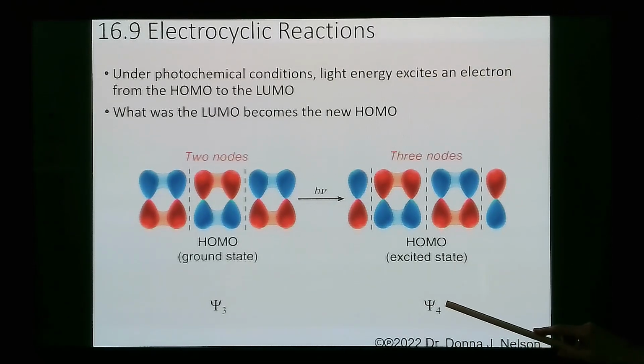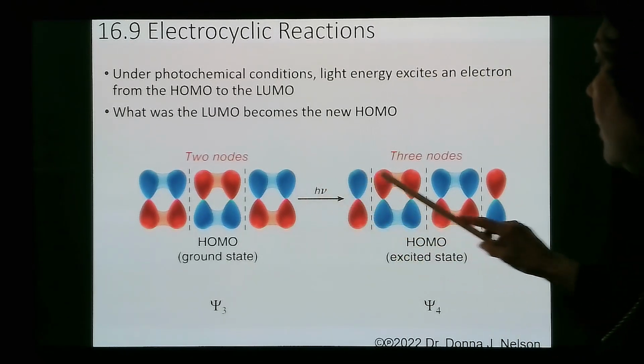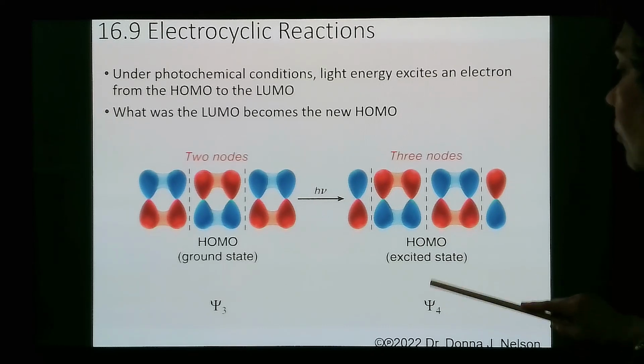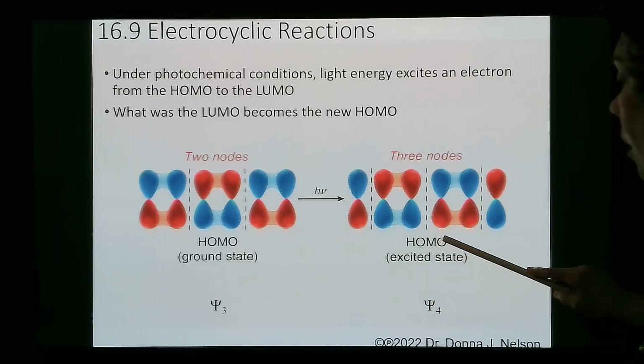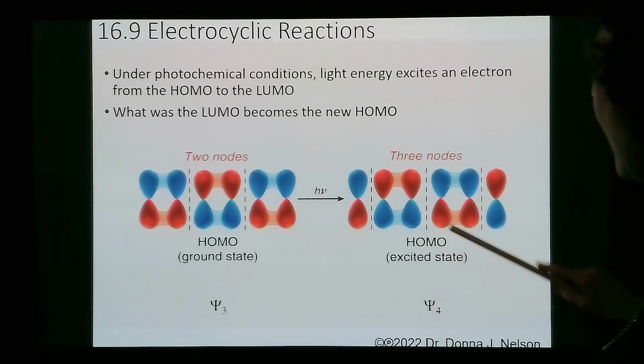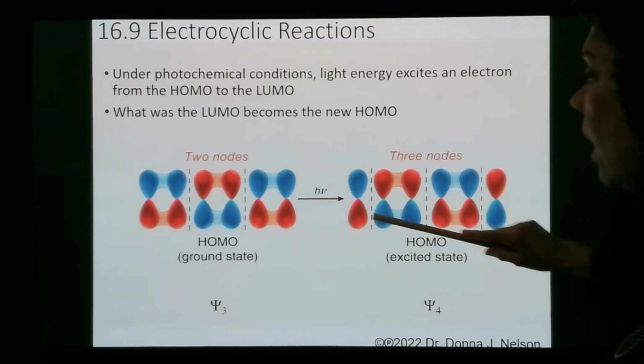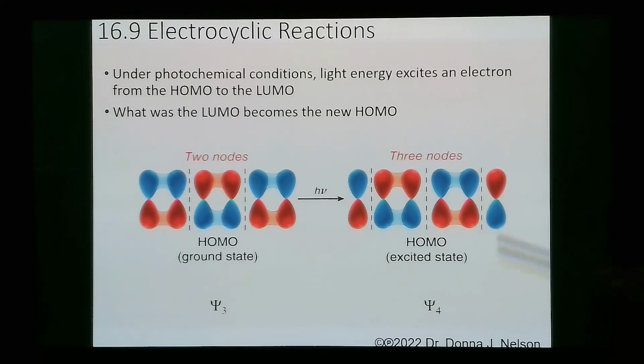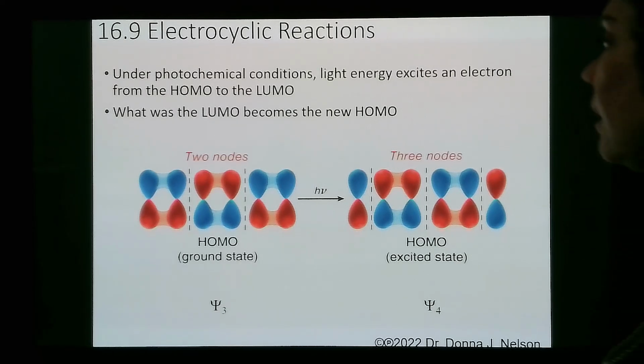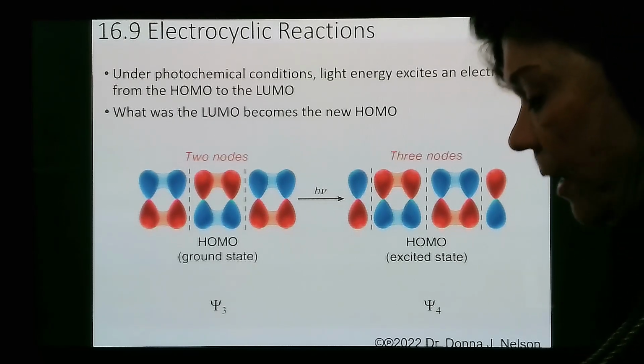This is Psi4. When the electron is promoted, it's promoted into Psi4. Psi4 becomes the HOMO in the excited state, and now you have red on one end on the bottom and red on the top on the other end. So that's what I was saying on the previous transparency.